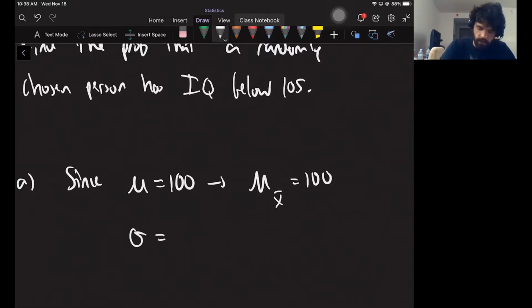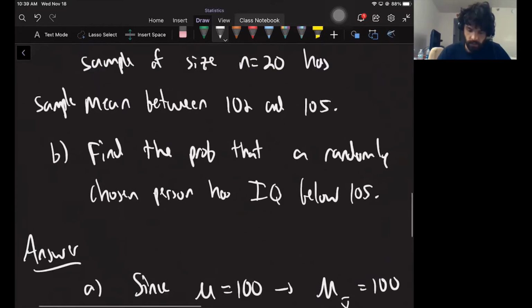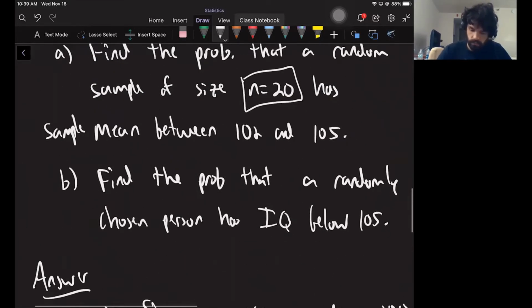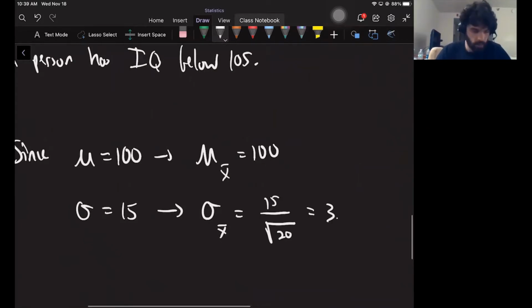And the standard deviation being 15 of the population tells us that the standard deviation of the sampling distribution of the sample mean is going to be 15 over the square root of the sample size, which is told to us up here is 20. And this we can estimate 3.35 roughly.